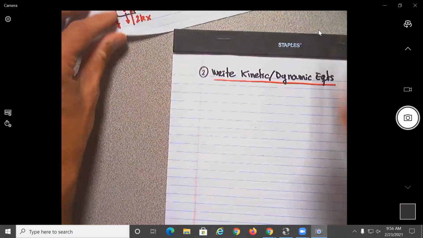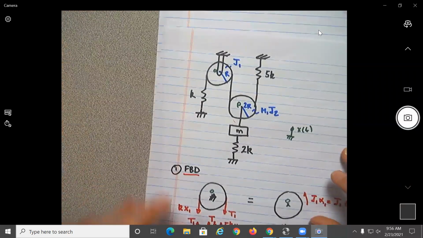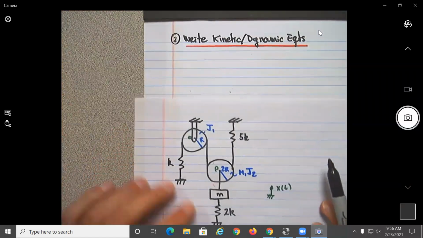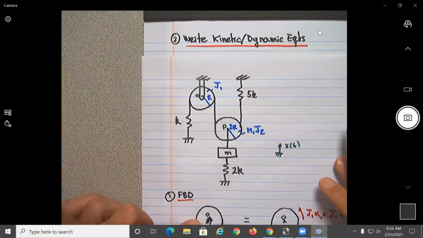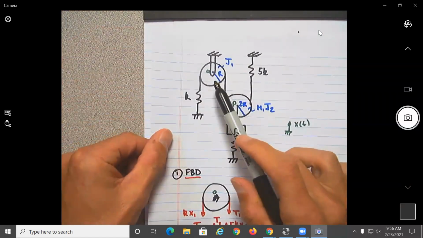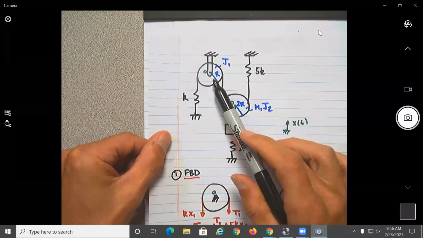All right, so the dynamic equations must come from the figures. Okay? So this pulley over here, what type of motion is it having?